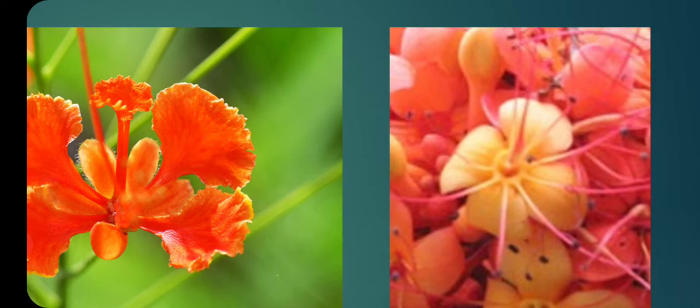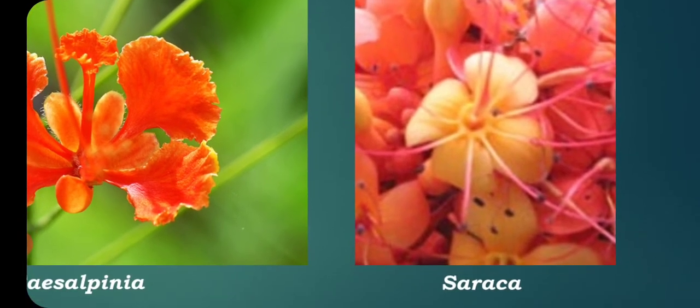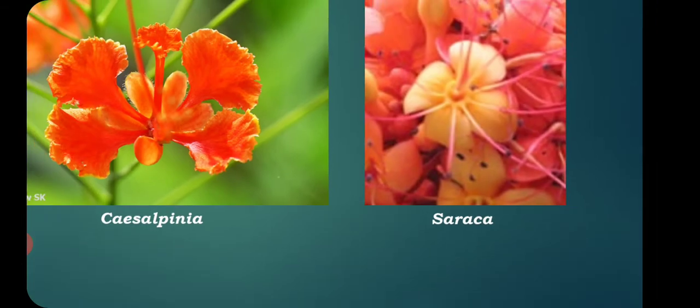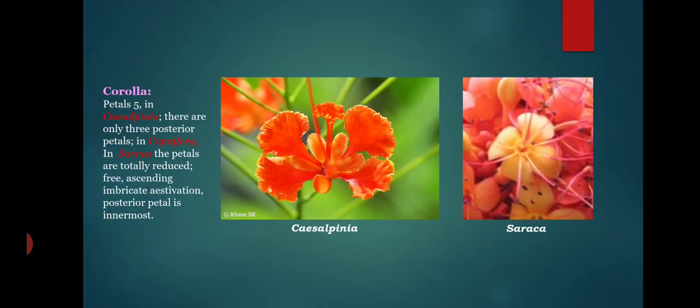And in Saraca, that is Ashogam, here there are no petals. Only here we can see in the figure 1, 2, 3, 4, 5, slightly yellow or red colored, that are actually sepals. That is the speciality of Saraca.